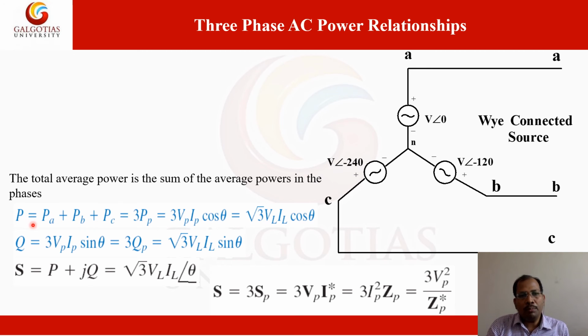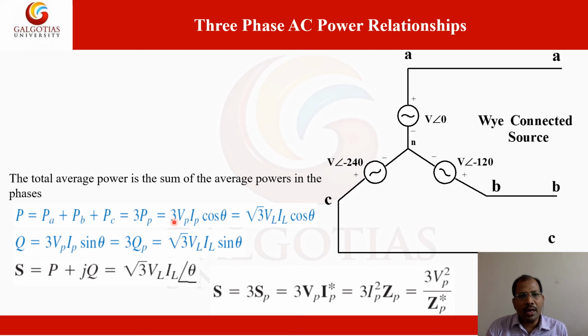So total power is the active power in phase A plus the active power in phase B plus the active power in phase C, which is equivalent to 3 times PP, where PP means per phase power. Suppose we have a three phase system: we calculate the per phase power and multiply it by 3 to get the equivalent power of the three phase system.